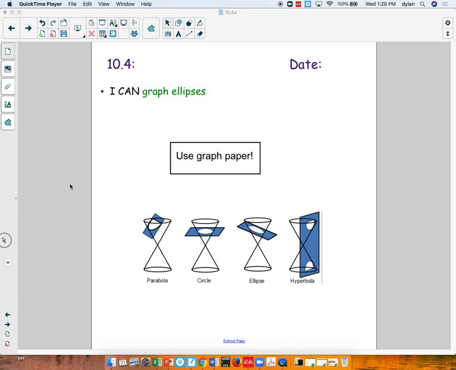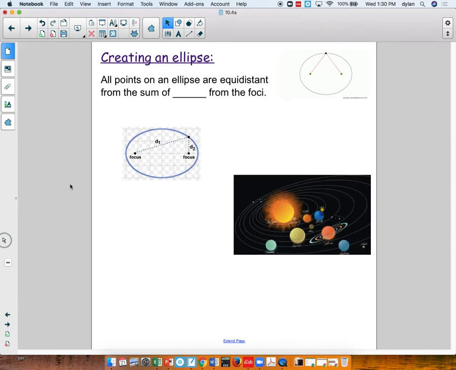So the first thing that we're going to do is talk about how an ellipse is actually created. And I've got a picture in the upper right-hand corner so you can see what this looks like. But essentially an ellipse has two foci, and every point on the ellipse has the same sum of the distances from the foci.